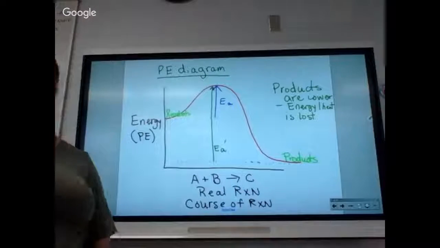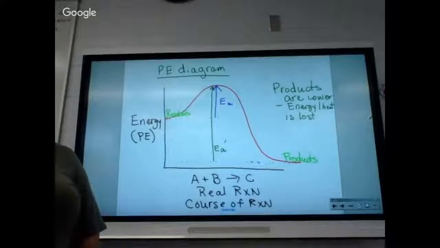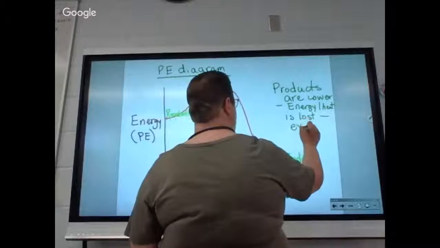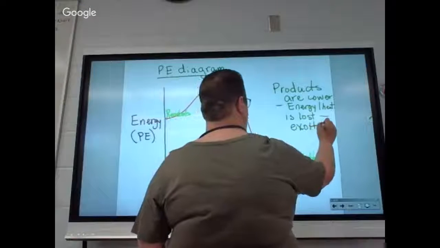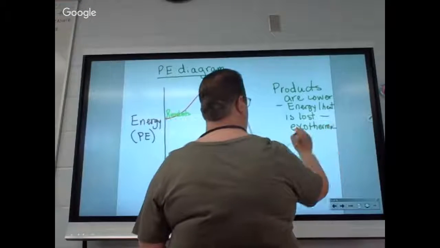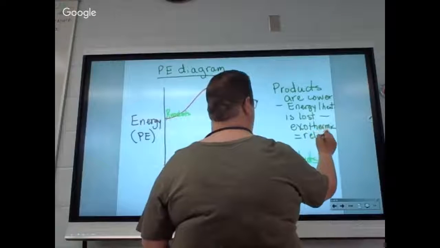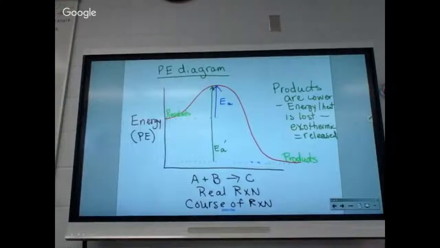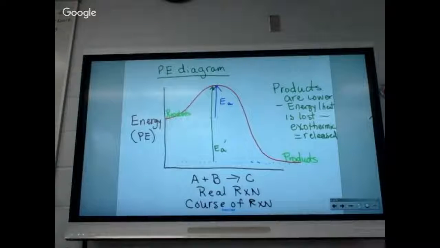So if energy or heat is lost, what kind is it? It's exothermic. Okay? It means it's released. Most people can figure that out looking at the graph. The products are lower, which means energy or heat is lost. It's an exothermic graph.